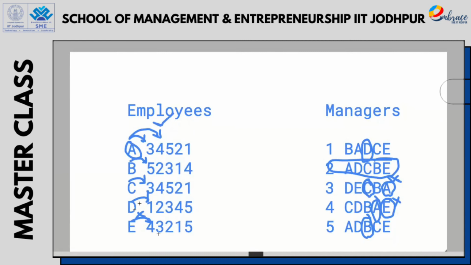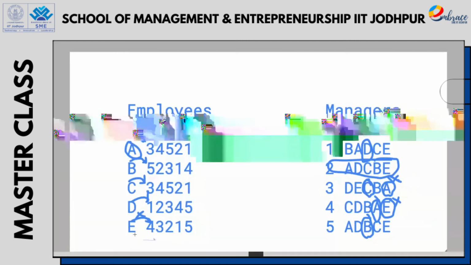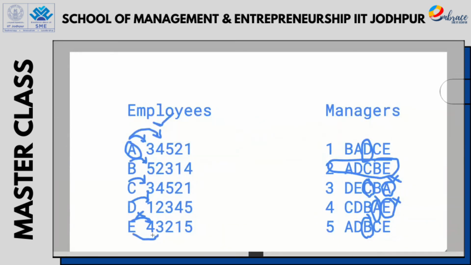So in the third round, what we do is move to E's next best option, which is 3. So we go to cycle 3 here, and we ask manager 3 in round 3 whether you want to go ahead with E, because you already have C and you have rejected A in the first round.